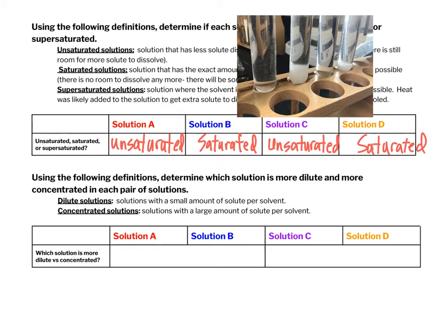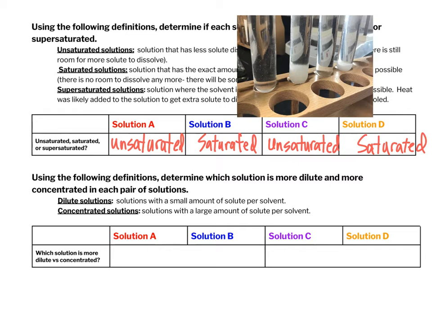In the next section, it says, using the following definitions, determine which solution is more dilute and more concentrated. Now, dilute means that the solutions have a small amount of solute per solvent, and concentrated means they have a large amount of solute per solvent.